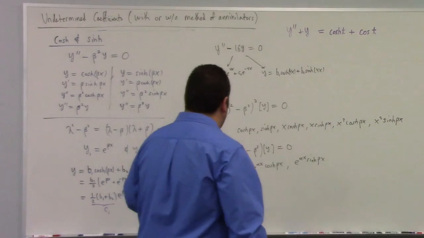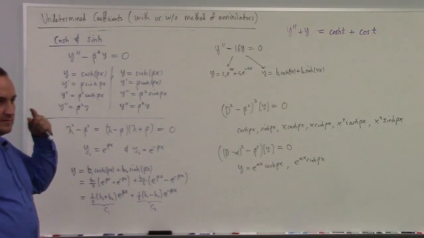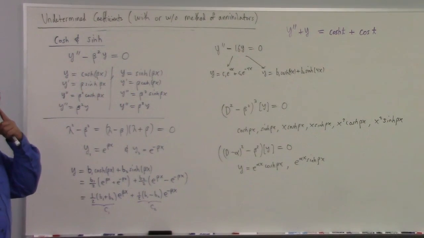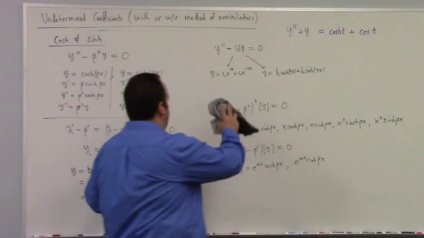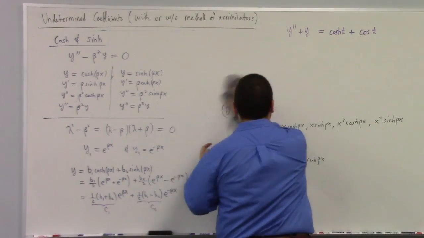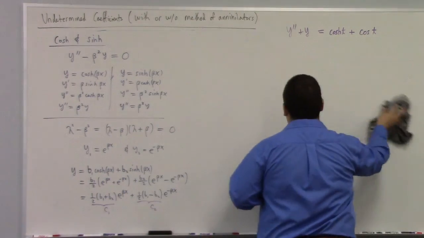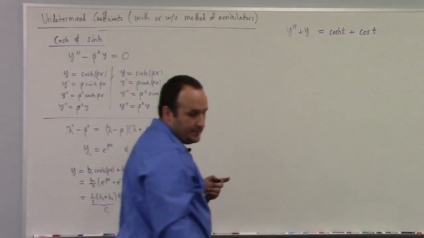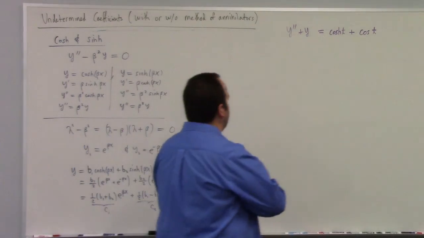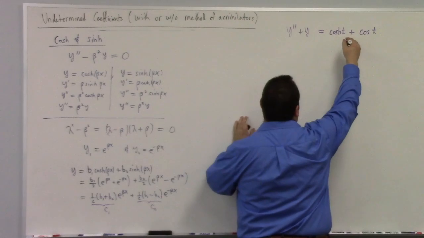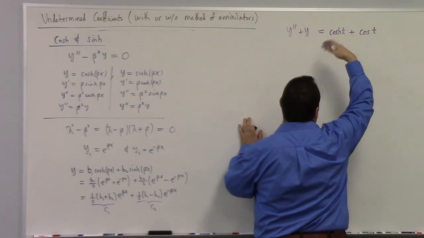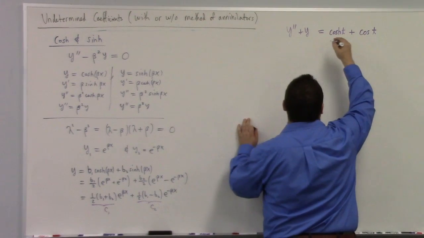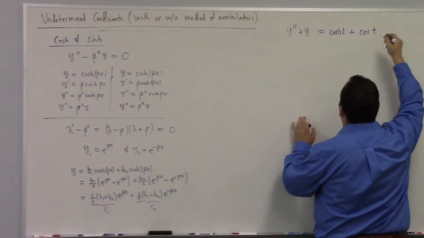My point in all this, can I erase? Okay. My point in all this is that as I think about, well, what would be the naive guess? Let's just put down the naive guess to start with.